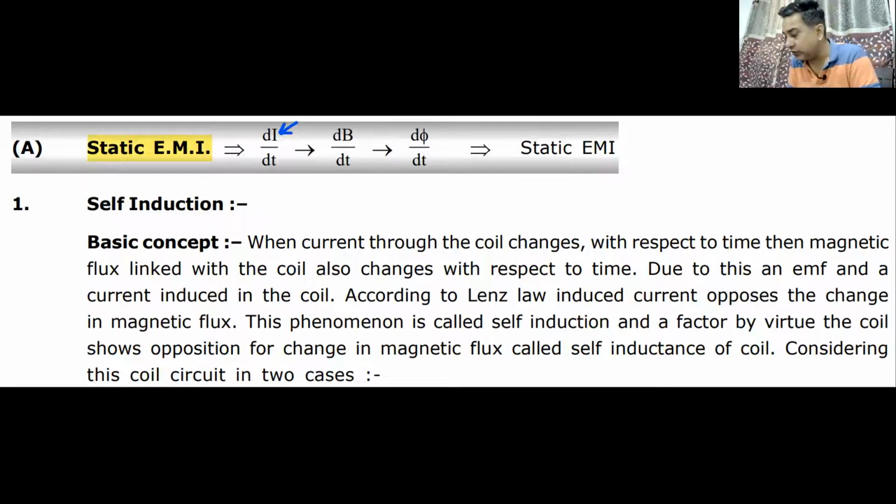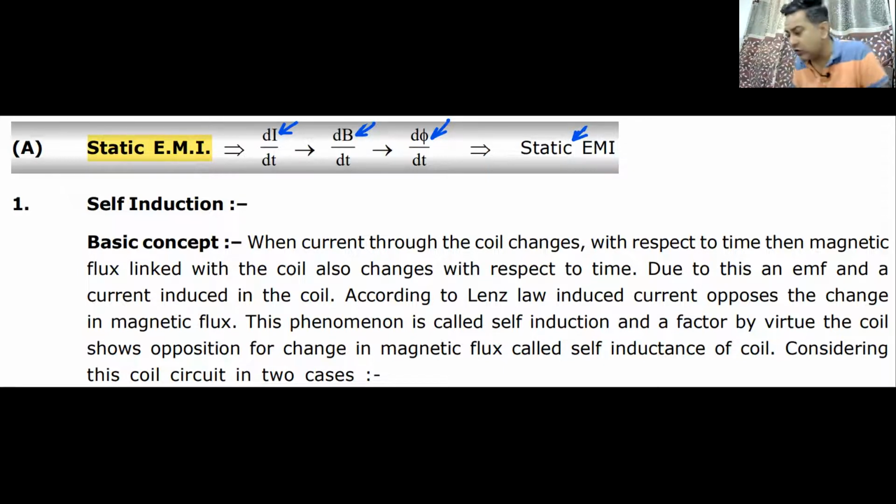Whenever current flows through a coil, it creates a magnetic field. If I change the current, the magnetic field will change, flux will change, and I would have an EMF generated. So basically, an EMF would be generated in the coil because of changing current in the coil.